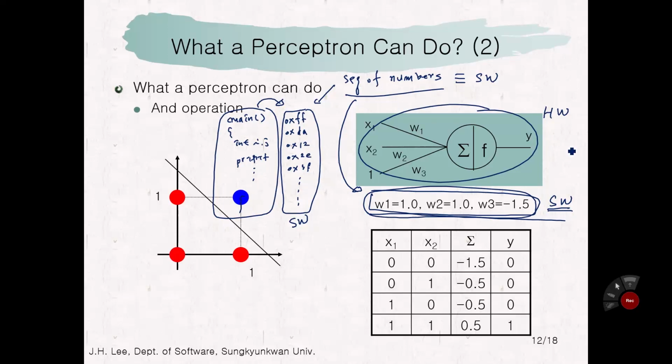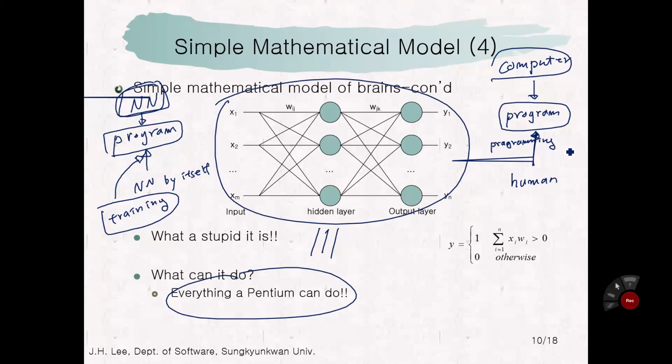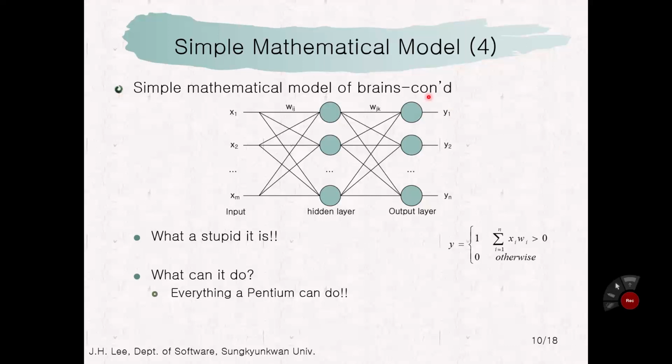That's true. So in a neural network, what is the most important thing? The connection weight. Even though you have the same neural network, if you change the connection weight, it will perform dog and cat differentiation. It will be a differentiator of cats and dogs.